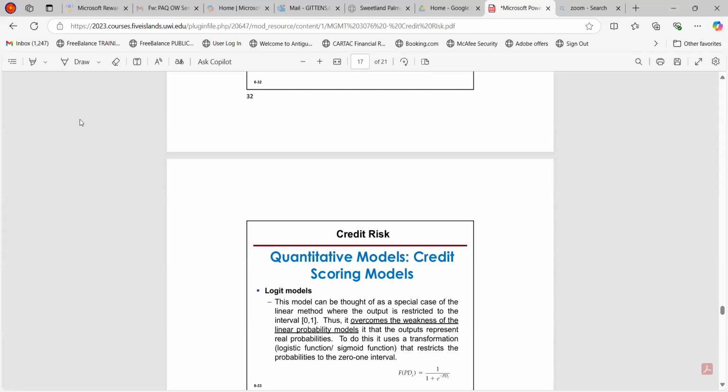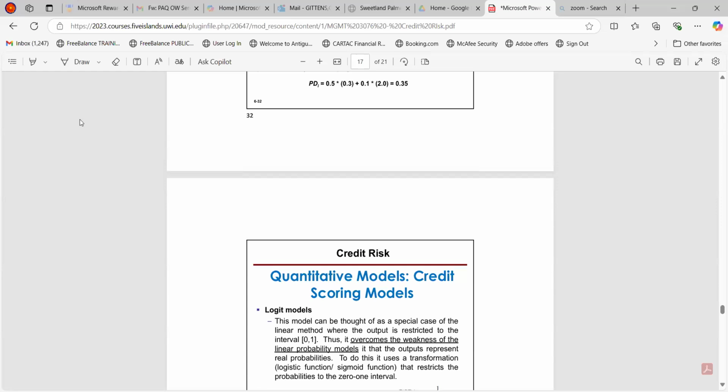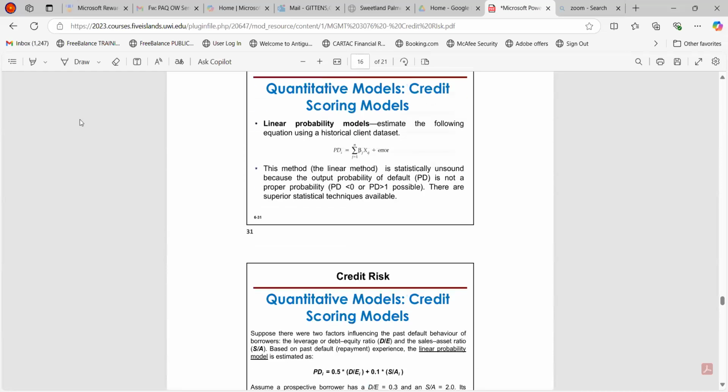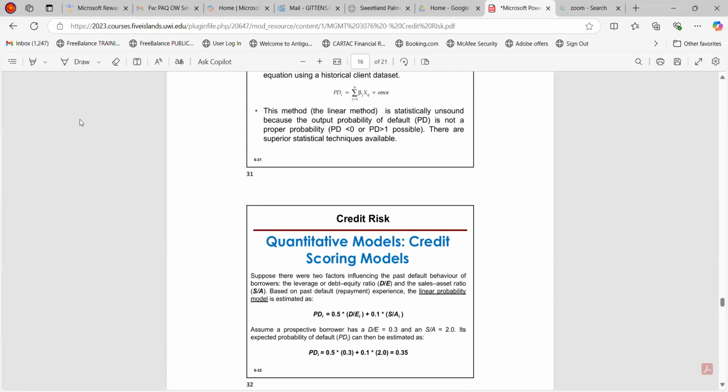It's a special case model, restricted between 0 and 1. With the linear probability model, the difference there is that the probability of default can be less than 0 or greater than 1. So that one has limitations.